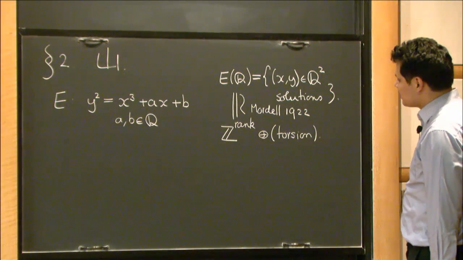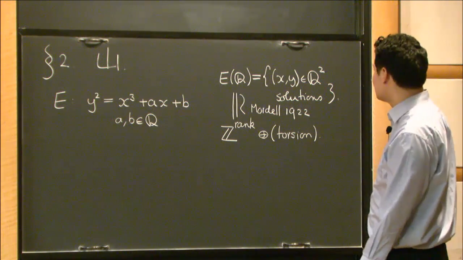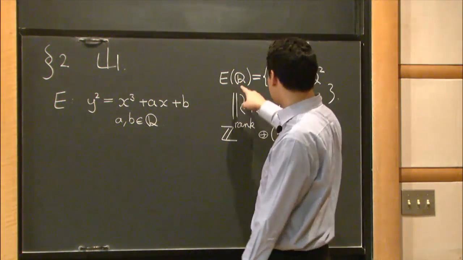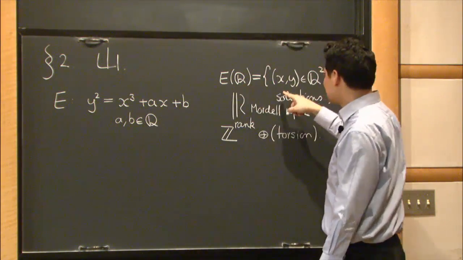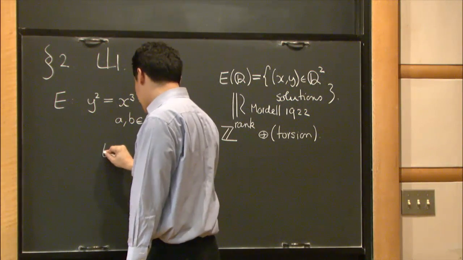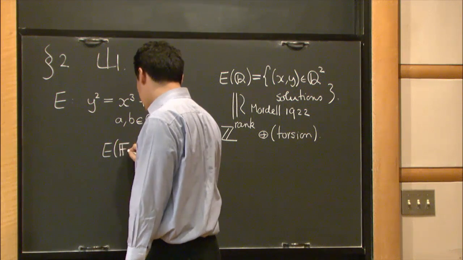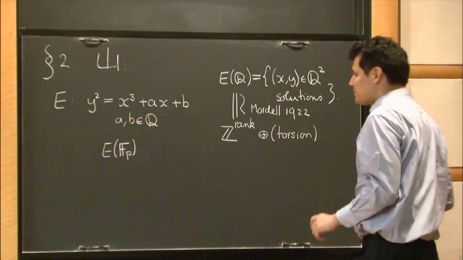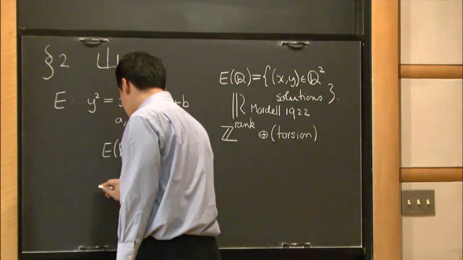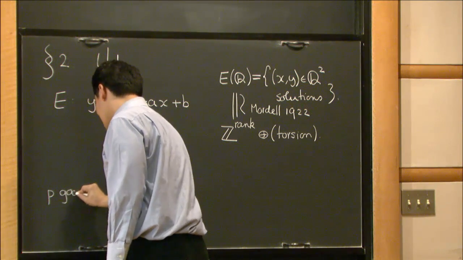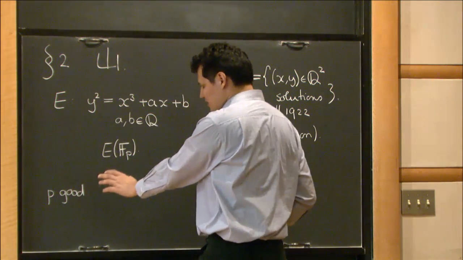So you might now just say, well, what if you just reduce the coefficients? So instead of looking at the solutions in Q, you look at the solutions over a finite field. If you reduce this equation modulo p, this works when p is a good prime. I won't explain what this is, but let me just say almost all primes are good.